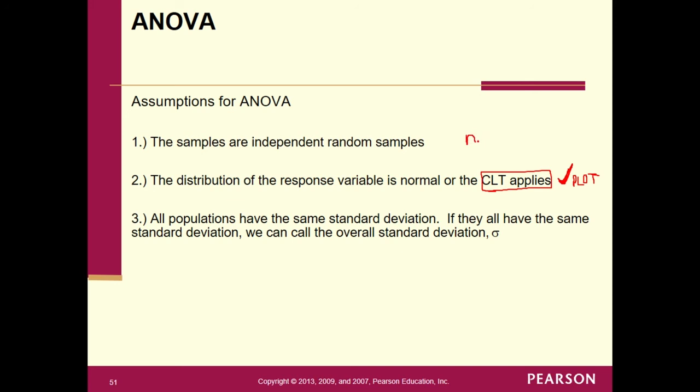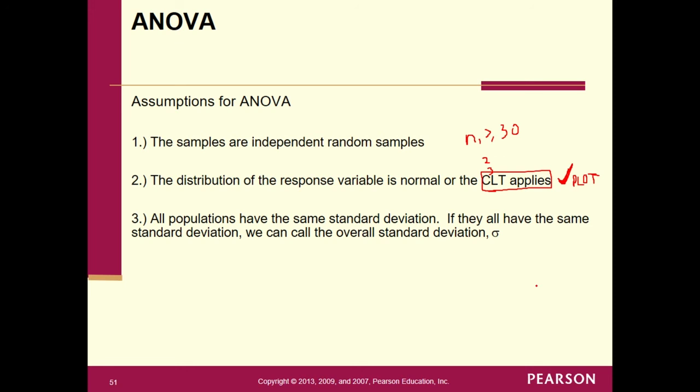Basically, you would need n1 to be greater than or equal to 30, n2 to be greater than or equal to 30, and n3 to be greater than or equal to 30, since we had 3 different groups. So that's what I mean about the central limit theorem applying.